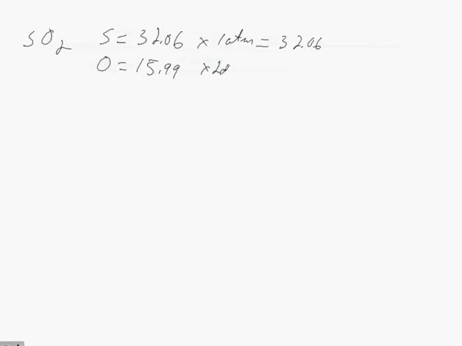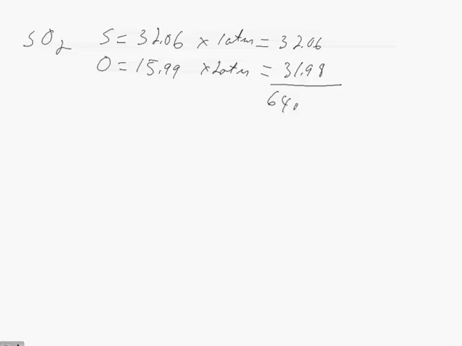Sulfur is equal to 32.06 times 1 atom of sulfur, the 1 comes from SO2, which gives me 32.06. For my oxygen atoms, I have a total of 15.99 times 2 atoms of oxygen, which gives me 31.98.